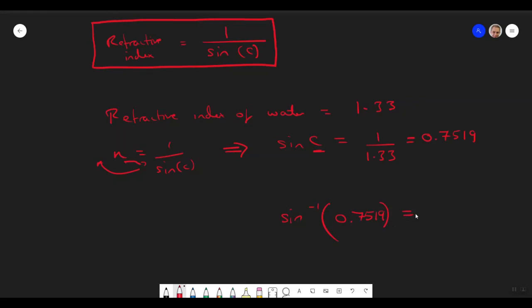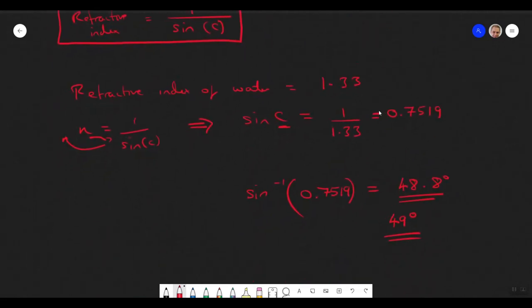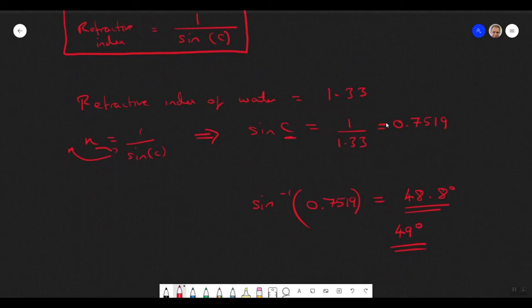And I get from that 48.8 degrees, or about 49 degrees, which is what you would have measured as the critical angle of water. And there we go. That is the relationship between two things, measuring the critical angle and using that to relate to the refractive index of the material.